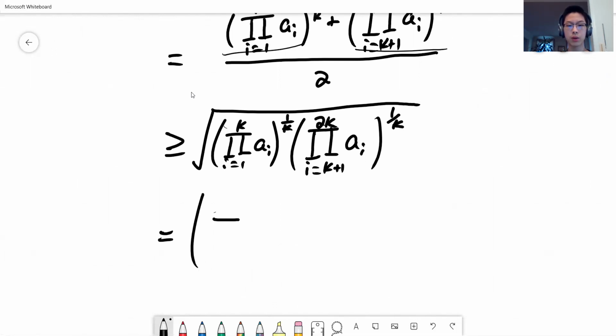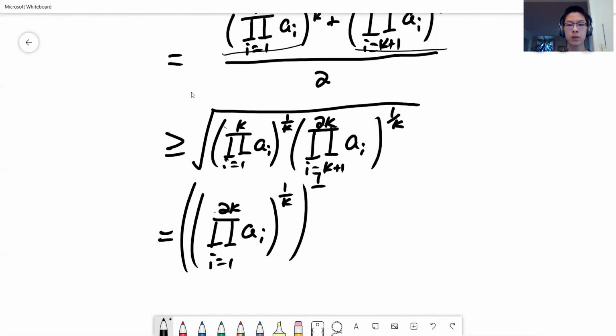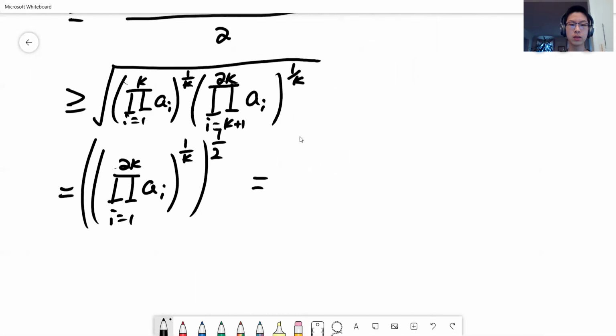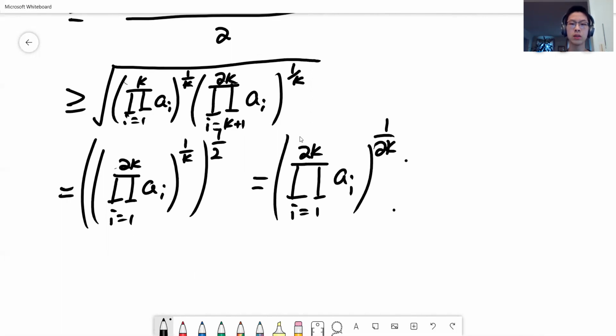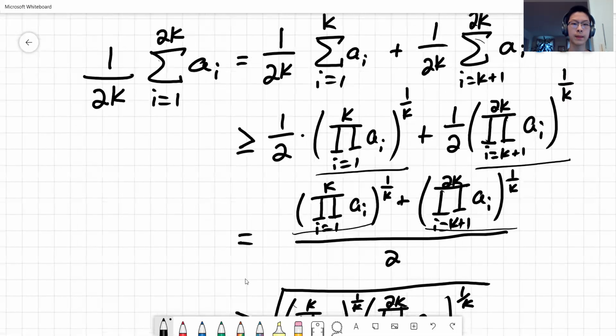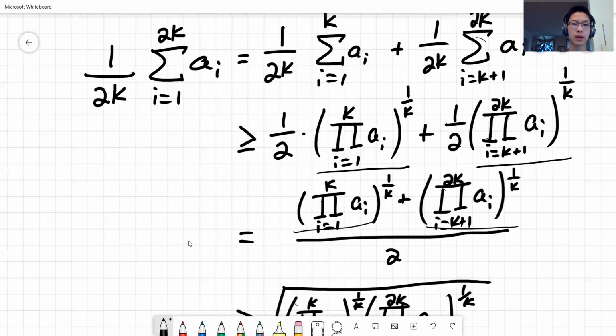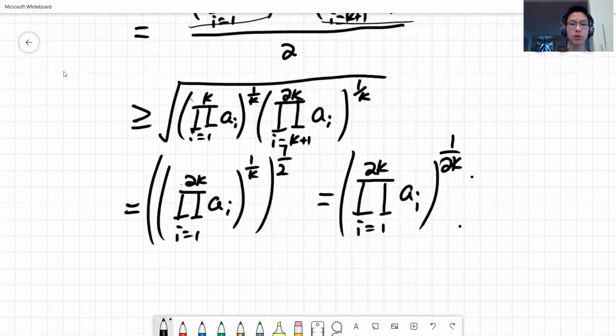So we have the product from i equals 1 to 2k of a sub i, and that's to the kth power. And we also have the square root, so we have to take things to the half power. But this is the product from i equals 1 to 2k of a sub i to the 1 over 2k, which is exactly what we wanted. We showed that this is greater than or equal to this thing.